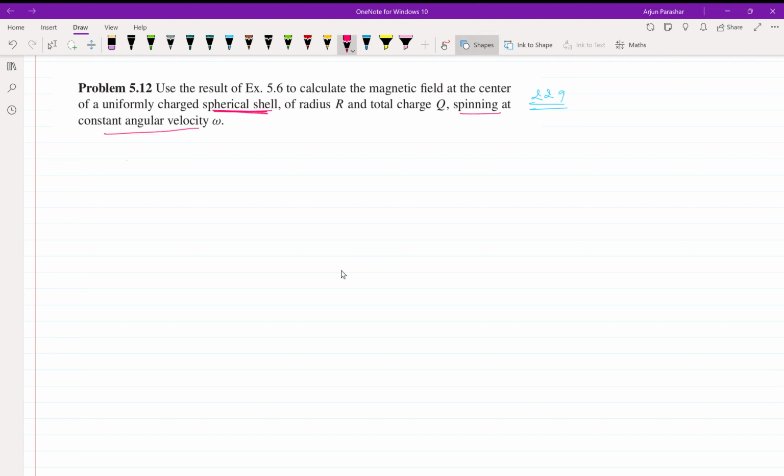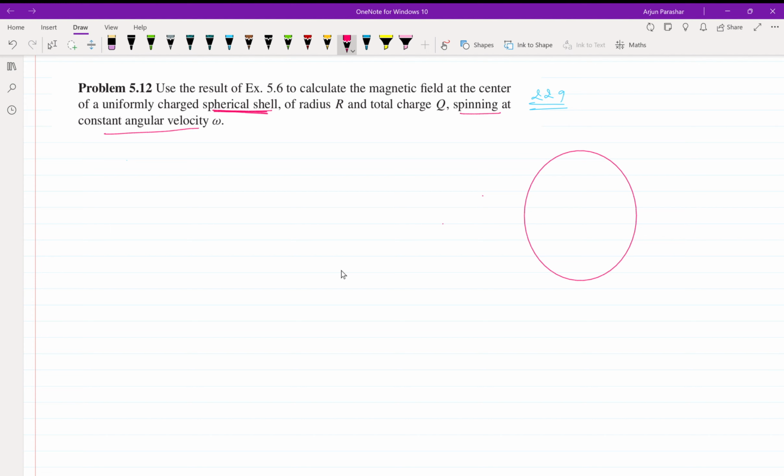So first of all, we need to consider a spherical shell. A spherical shell means it is hollow from inside. All right, the charge or the current is distributed only at the surface of the spherical shell.